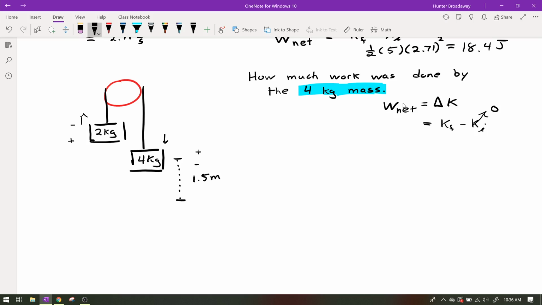Now what? So this thing is moving down. It's moving down 1.5 meters.